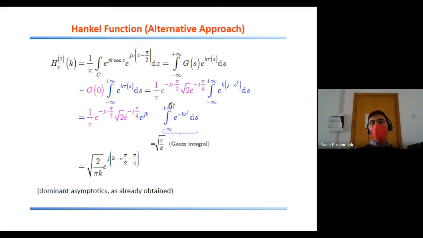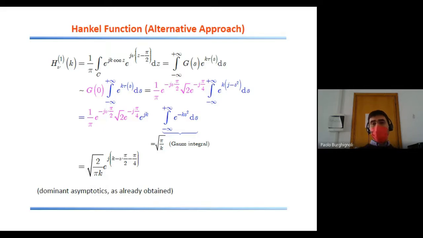And what remains now is a canonical integral, which is the Gauss integral, and that's equal by simple change of variables to the square root of pi over k. So putting all pieces together, you recover the dominant asymptotics of the Hankel function, exactly in the same form, of course, as we derived in the previous treatment of this example.